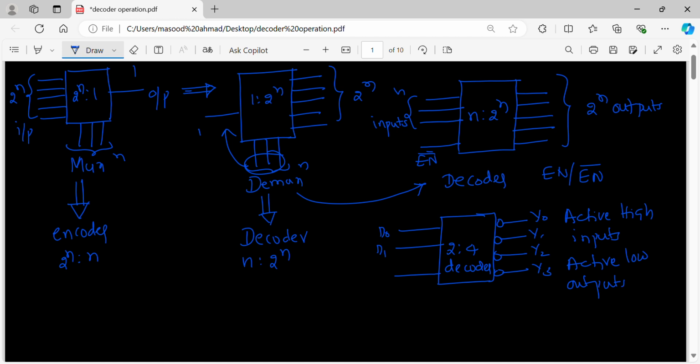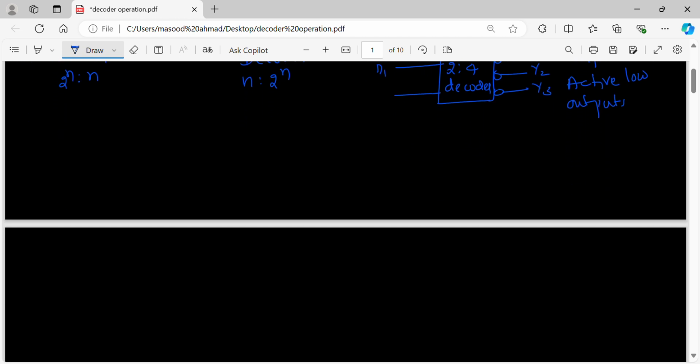Okay, what is the other possibility? It is something like this. I take once again a decoder, same 2 to 4 line decoder, enable, two inputs. 4 outputs Y0, Y1, Y2, Y3.